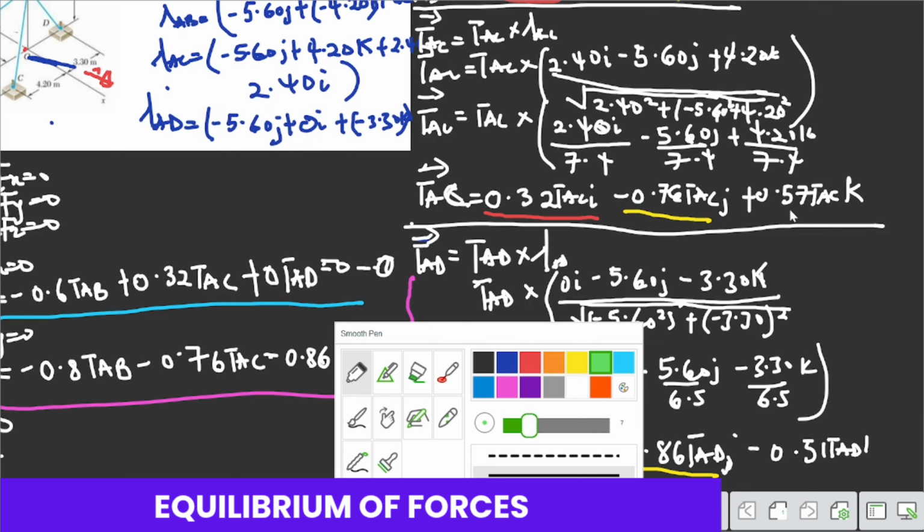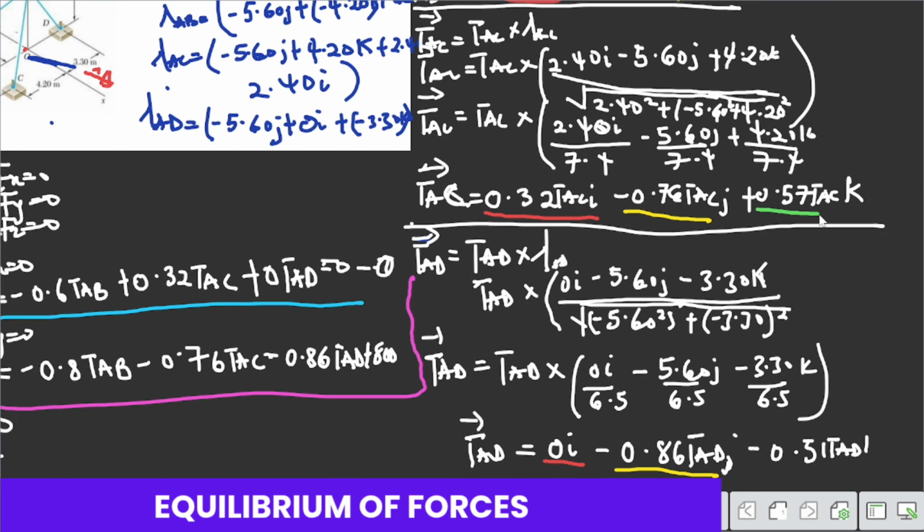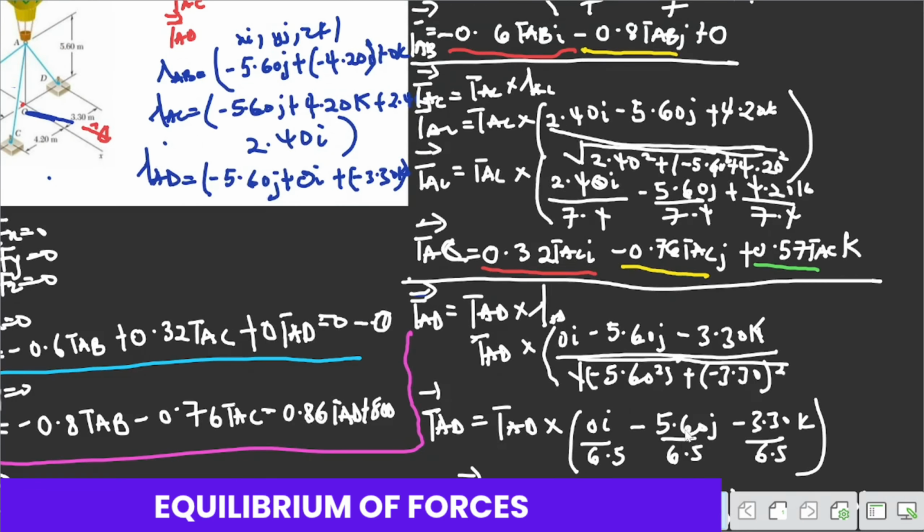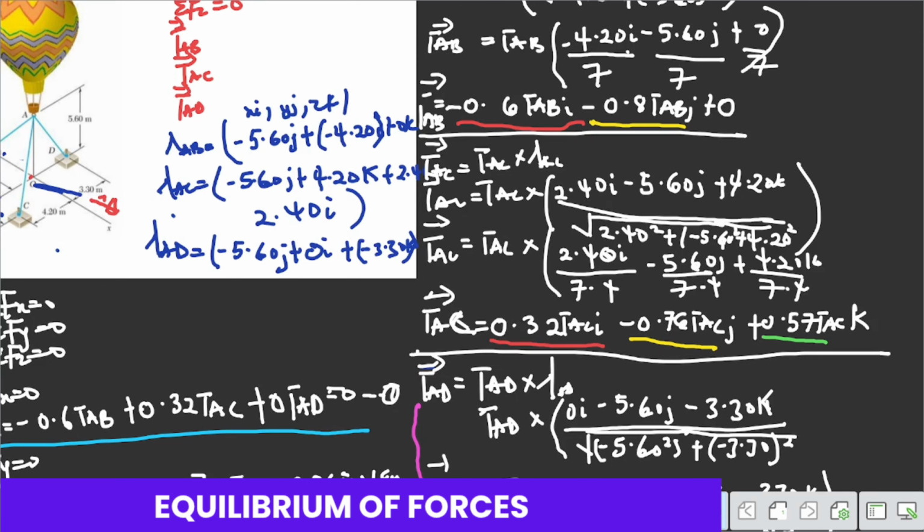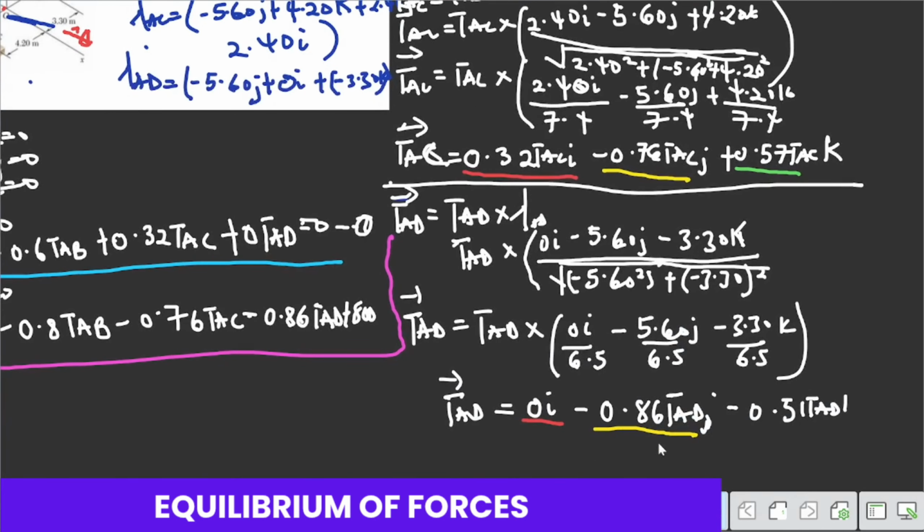Our TAC is 0.57 here. Going to the top, we had 0 here too. So 0, okay. Then lastly, we also got negative 0.51 TAD here.